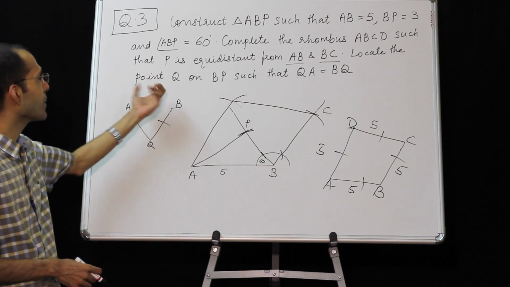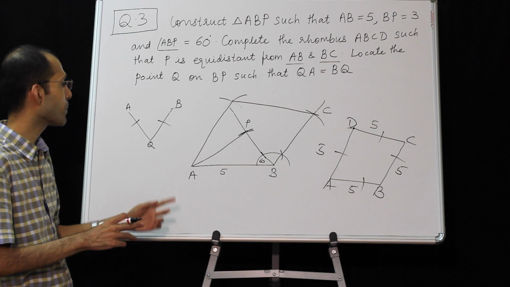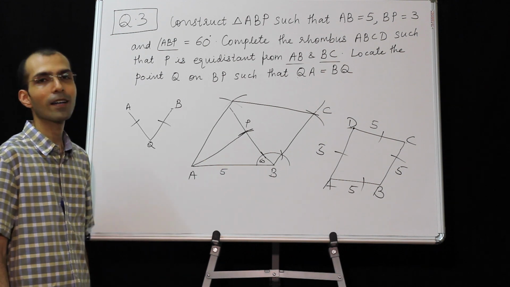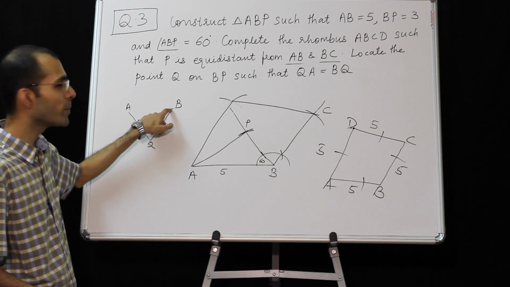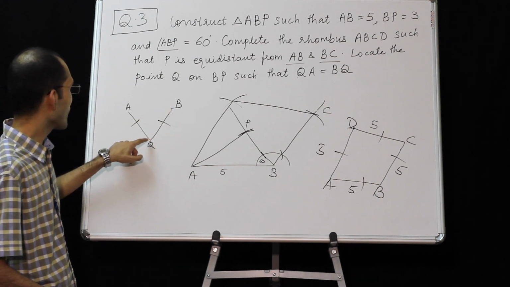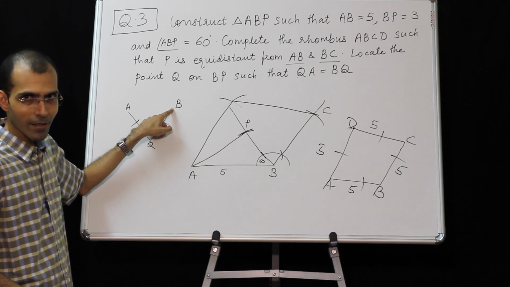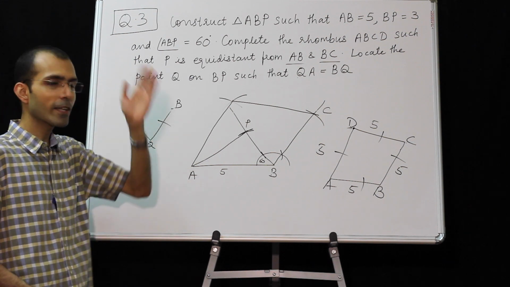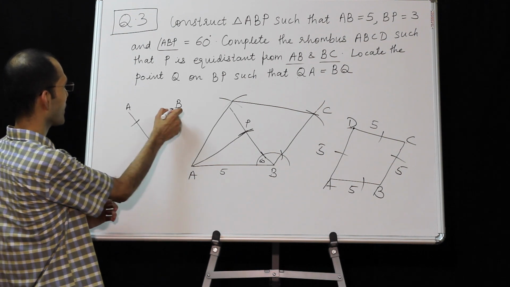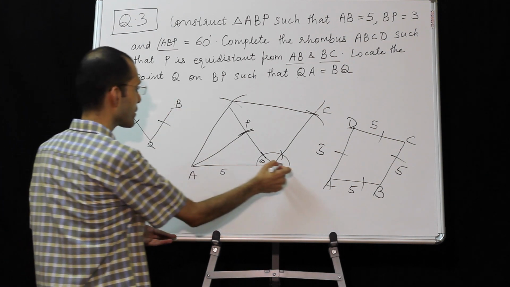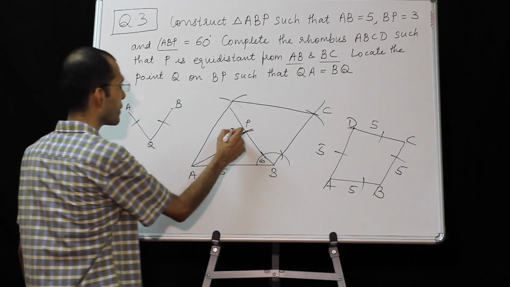So here the framing is such that you should be able to judge that we are supposed to draw the perpendicular bisector of AB. Right? Because QA is equal to QB. So if a point is equidistant from two fixed points, concept number 1, it will always lie on the perpendicular bisector, in this case of AB. So AB is already there. You just draw the perpendicular bisector of AB.